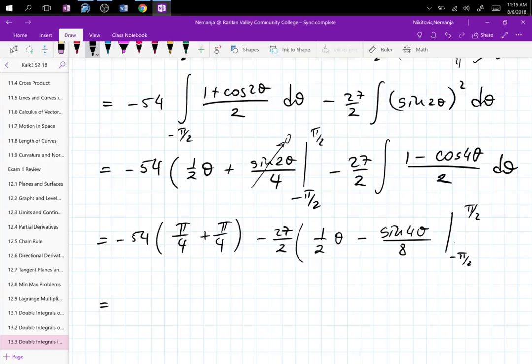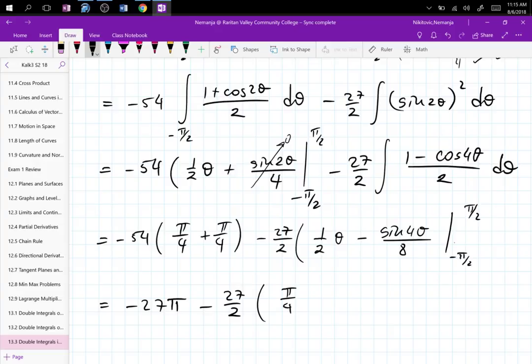This is pi, so this is pi over 2. So half of 54, so this is negative 27 pi, minus 27 over 2. Over here, plug in pi over 2, you get another pi over 4.